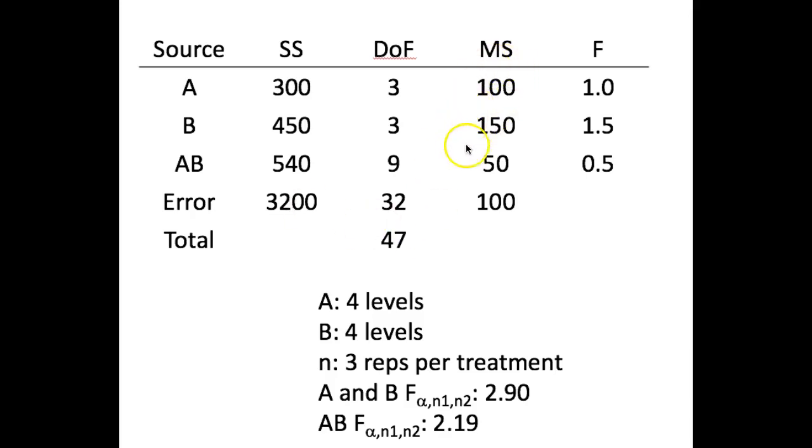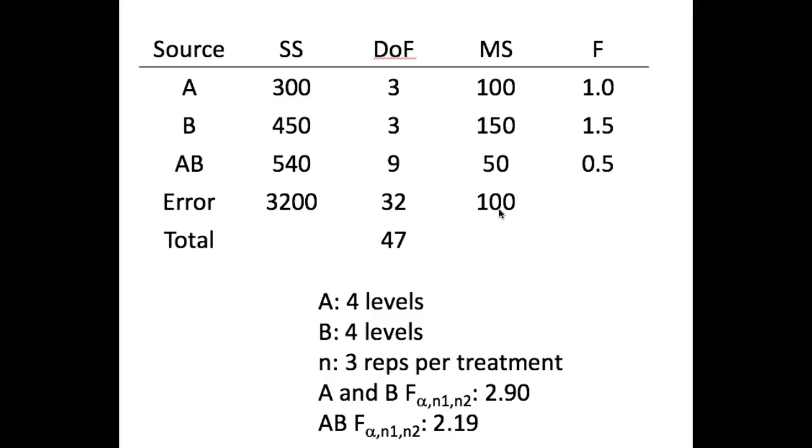Here, our mean square is the same for A and B. We have a mean square for AB as well, and we have a mean square for error, but if you remember back before, it was 25, now it's 100. Because it's 100, we have different F values. So our error sum of squares went up, our error degrees of freedom went up, and our error mean square went up.